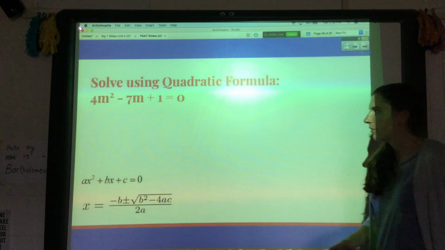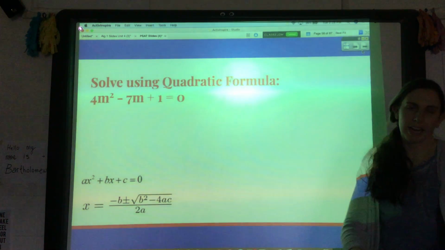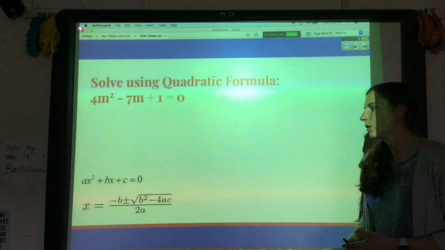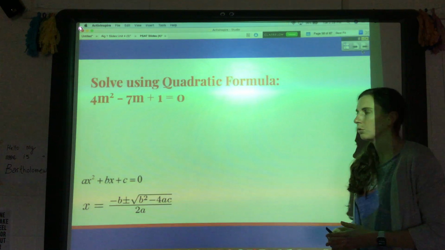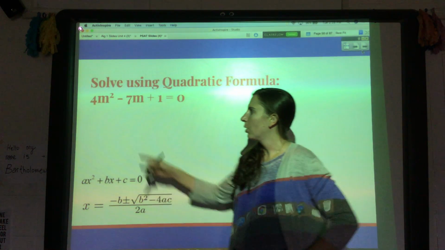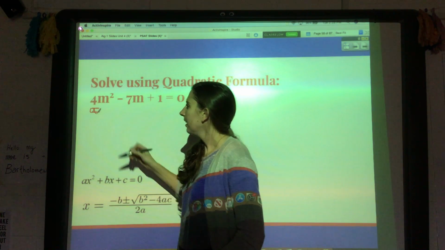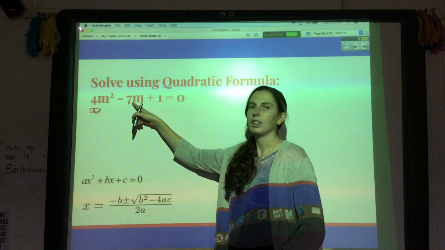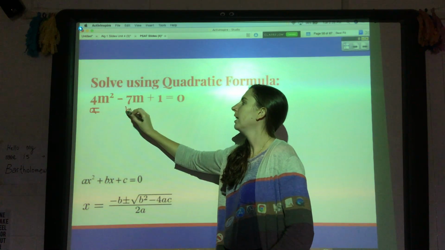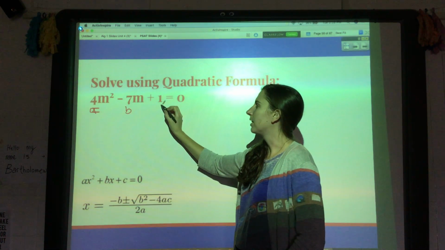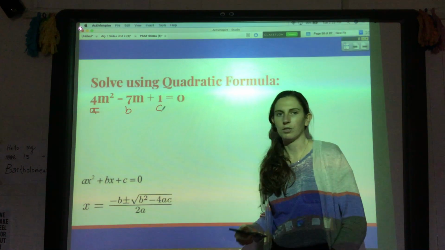All right, if all else fails and you can't factor and you can't graph it, you can use the quadratic formula. Remember with the quadratic formula, whatever's in front of x squared, or in this case m squared, is your a. Whatever's in front of the m, or x, is your b, and then the constant by itself is the c. And then you just fill them into the formula.